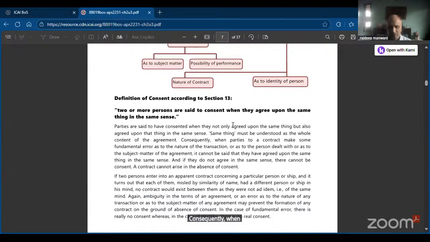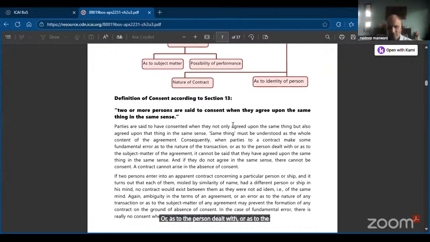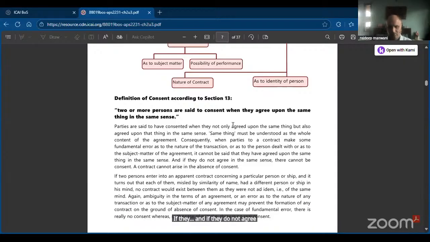Consequently, when parties to a contract make some fundamental error as to the nature of the transaction, or as to the person dealt with, or as to the subject matter of the agreement, it cannot be said that they have agreed upon the same thing in the same sense. If they do not agree in the same sense, there cannot be consent. A contract cannot arise in the absence of consent.